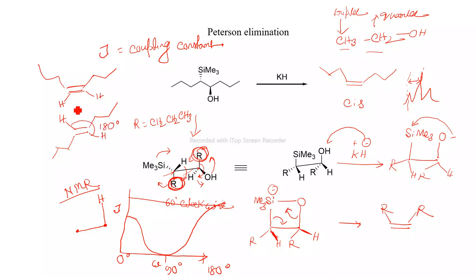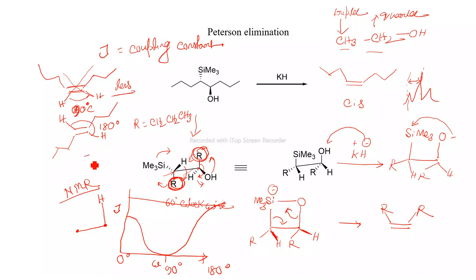So in this case the angle is around 180 degrees, and in this case it is around 60, or we can say around 90 degrees. So here the coupling will be much more and here the coupling will be less. Okay, that is the thing.